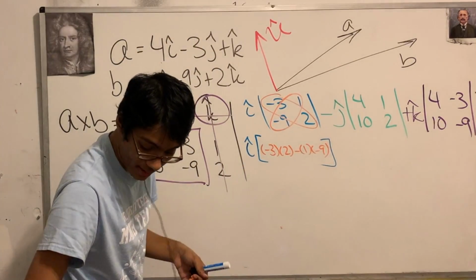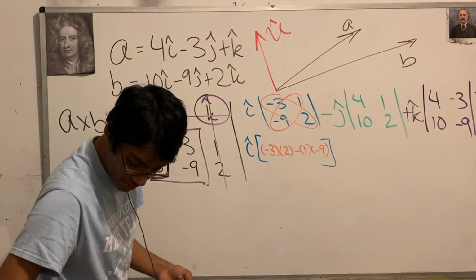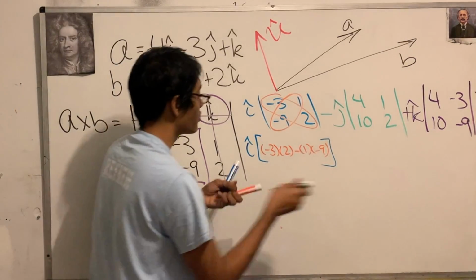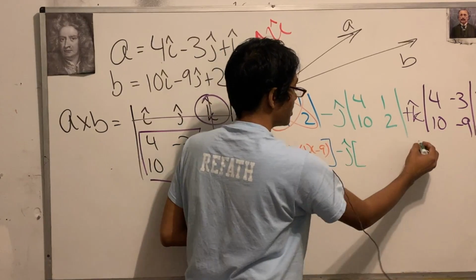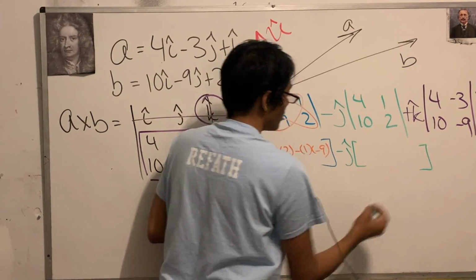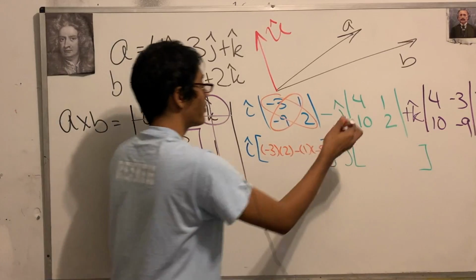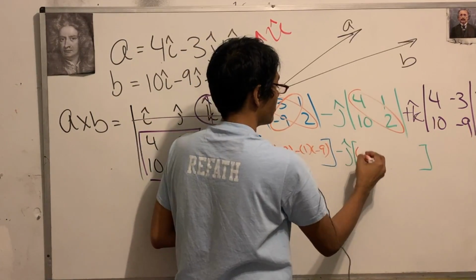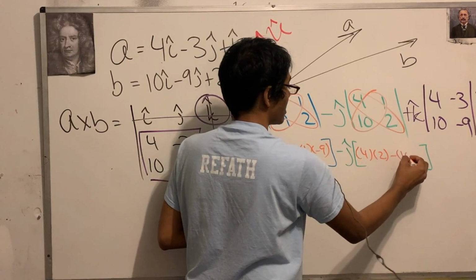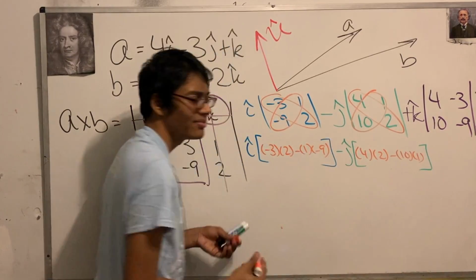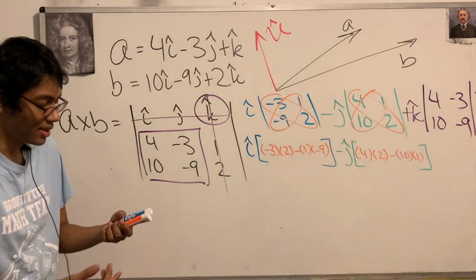How about j hat? Let's get green here. So for j hat we do minus j hat, and what's our determinant going to be here? Well, we're going to have our first diagonal, which is 4 times 2, minus our second diagonal, which is 10 times 1. It doesn't matter if you do 10 times 1 or 1 times 10.